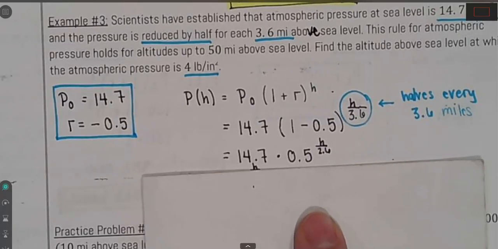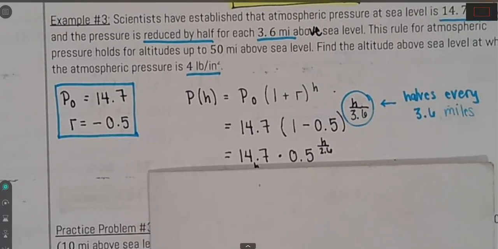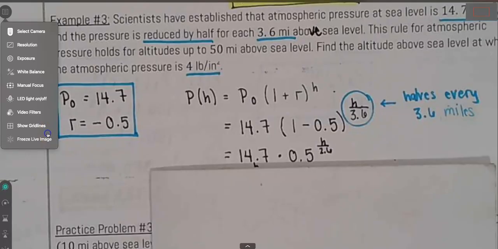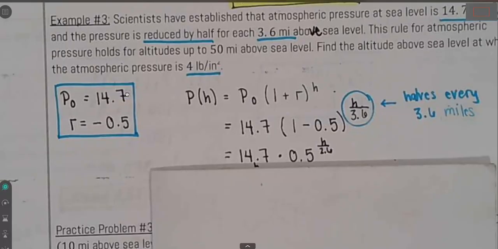So then we get this. Take a look at the next step here. Do you guys all feel like you could figure out where this equals 4? Yes. Thank you for catching that.